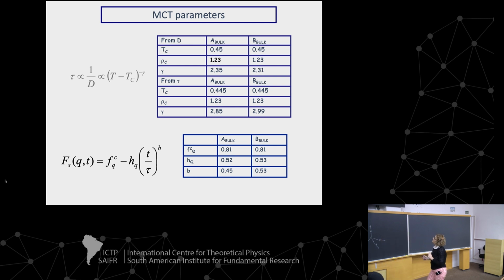And in fact, the test is quite good because you see that the values are very similar here between the A and B particle. It's only that we have a deviation of gamma from D and from tau, and the reason is hopping.